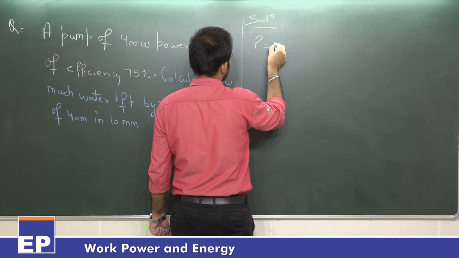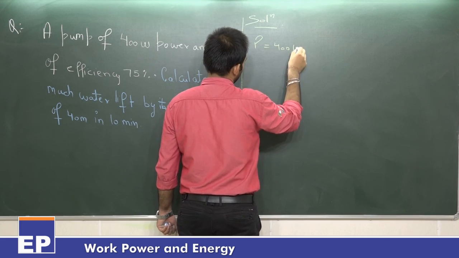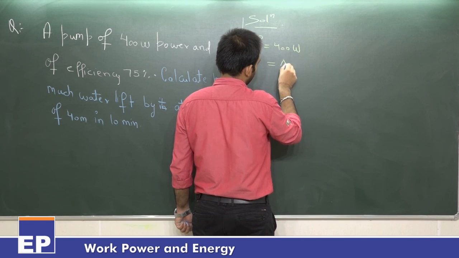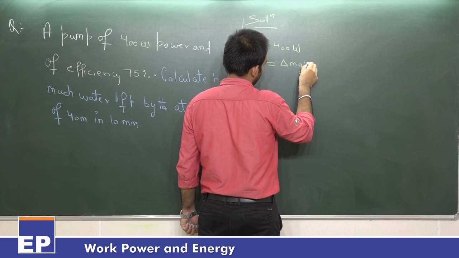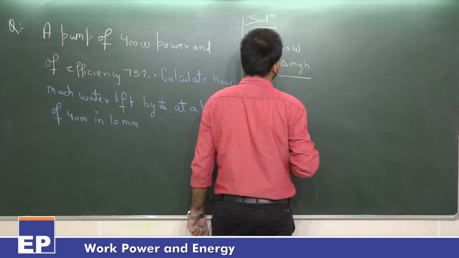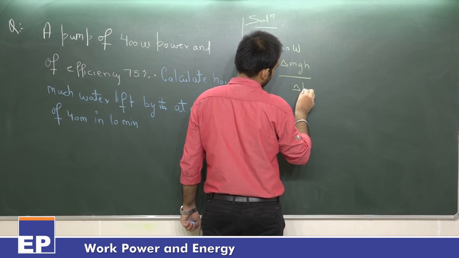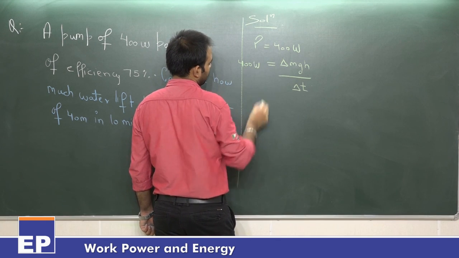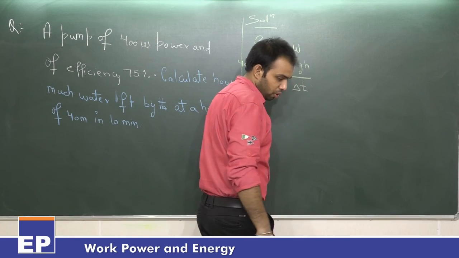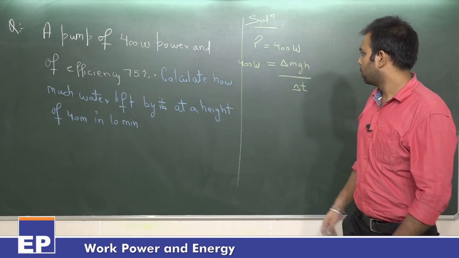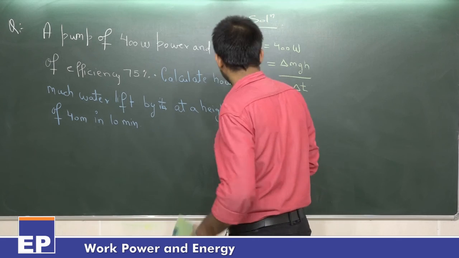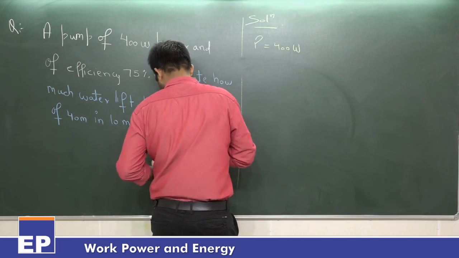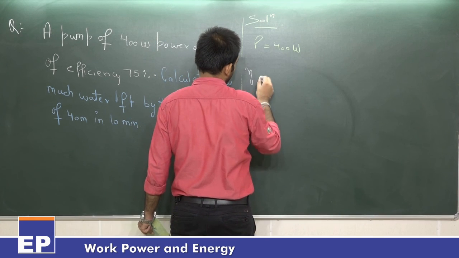How much is the power? 400 watt. What is the power? That is the work done divided by time taken. And what is the work done? Work done will be stored in the potential energy. But the given power is basically the input power. So what is the efficiency?